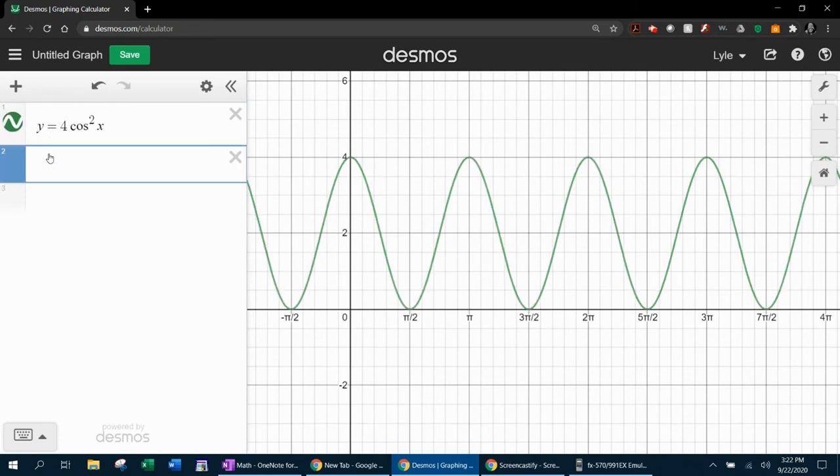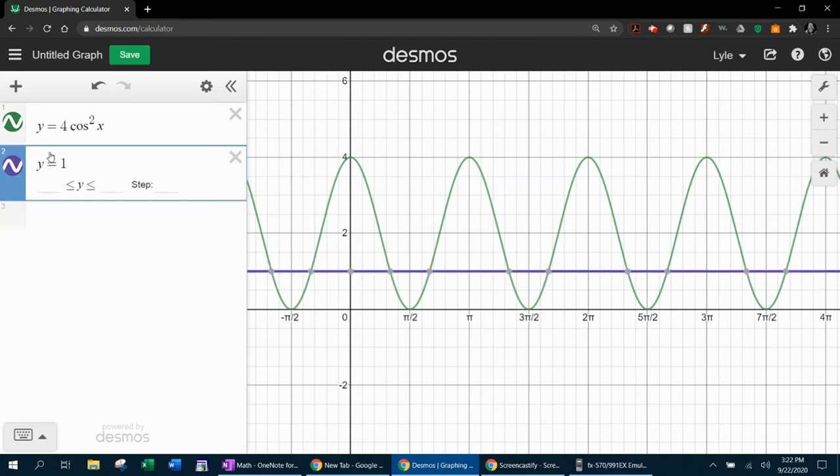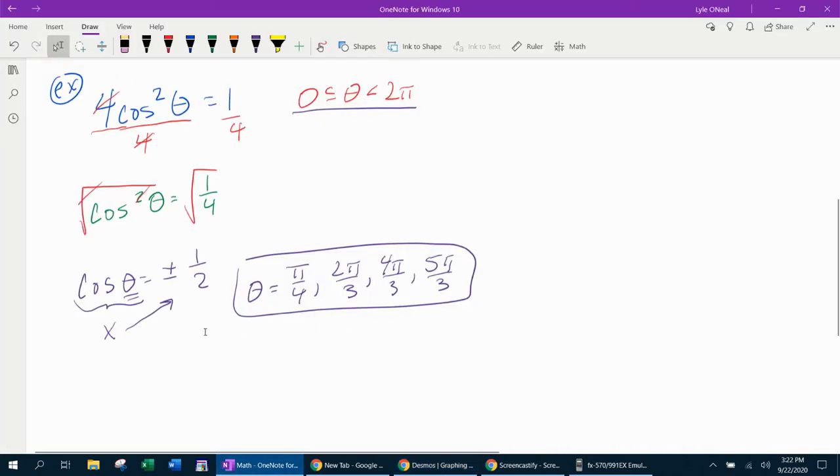And on the other side, remember it was equal to 1. And so we're going to put y equals 1. And then we're looking for all of the intersections of the two graphs from 0 to 2 pi. And you're going to see that there are 1, 2, 3, 4 points of intersection from 0 to 2 pi, at pi over 3, 2 pi over 3, 4 pi over 3, 5 pi over 3. Just like we got manually.